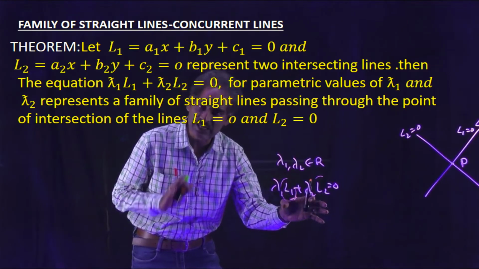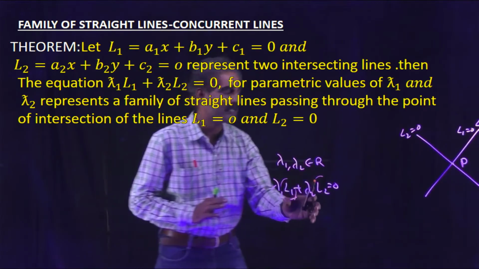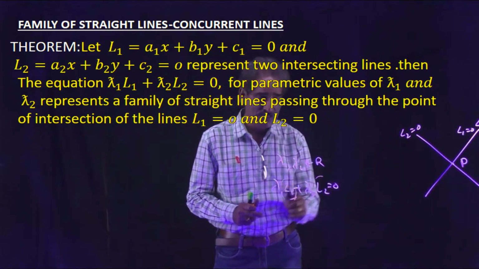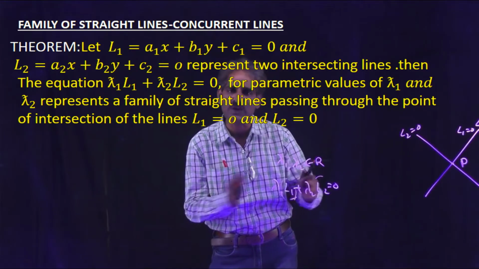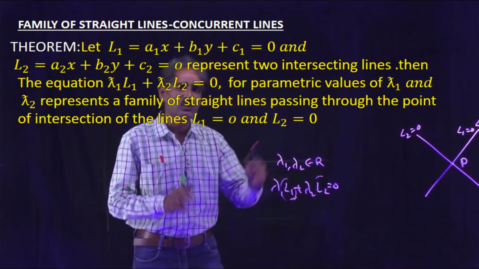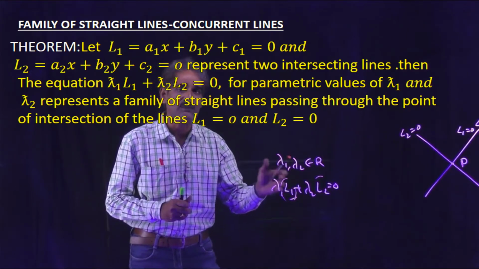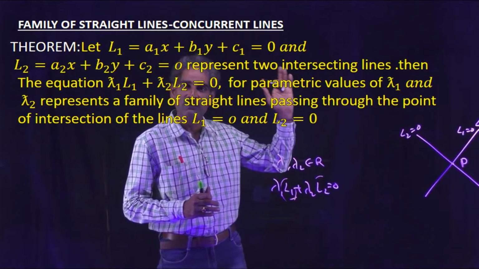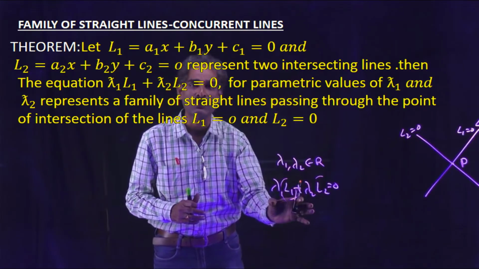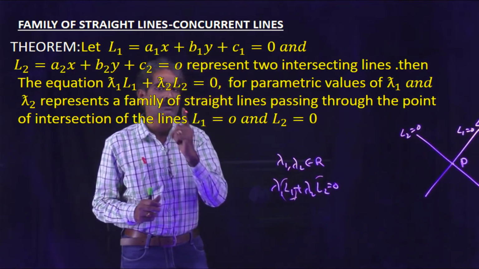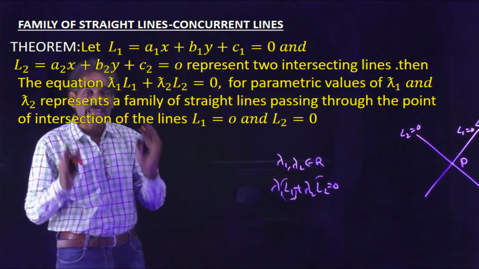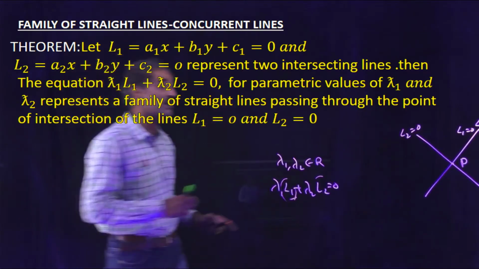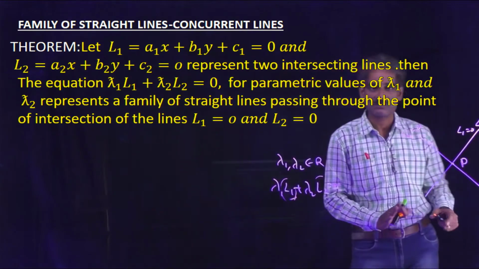This is a line equation that satisfies the point P, so it represents a line passing through P. With different values of lambda 1 and lambda 2, we get different equations, and we can extend to an infinite number of lines. So this represents not a single line but a family or system of lines passing through the point of intersection of these two lines.